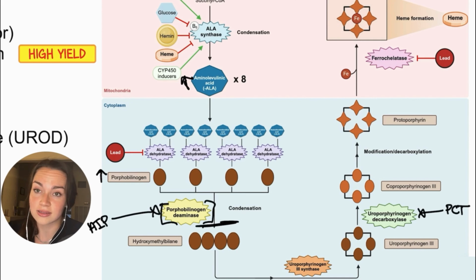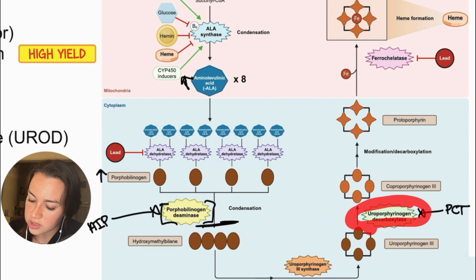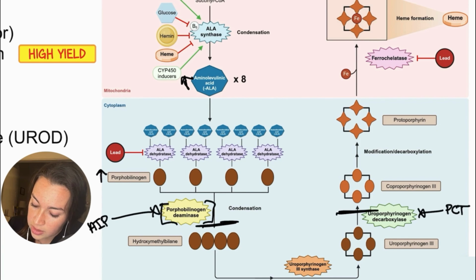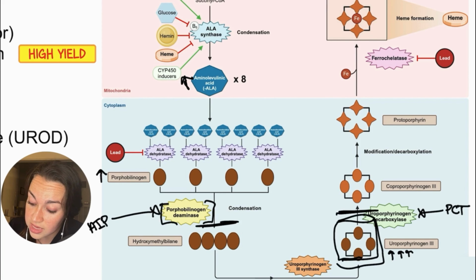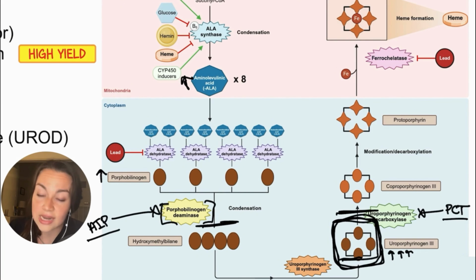None of those are rings. On the other hand, in PCT, the deficient enzyme is UROD, uroporphyrinogen decarboxylase. So when that's deficient, we get a buildup of uroporphyrinogens, which in fact are porphyrins, and so this will fluoresce under the Wood's lamp. And that's why PCT urine fluoresces and AIP urine does not.